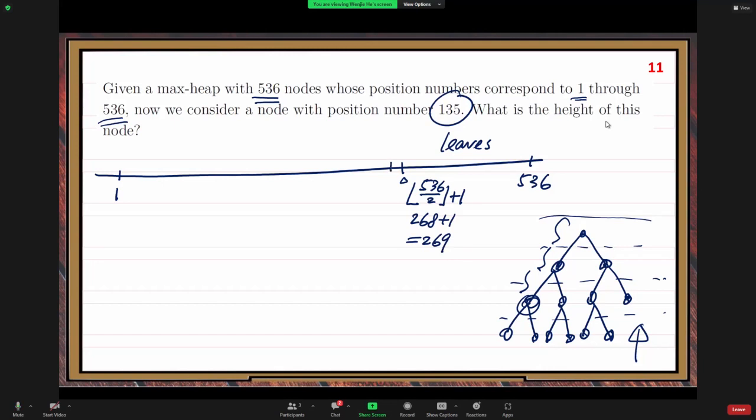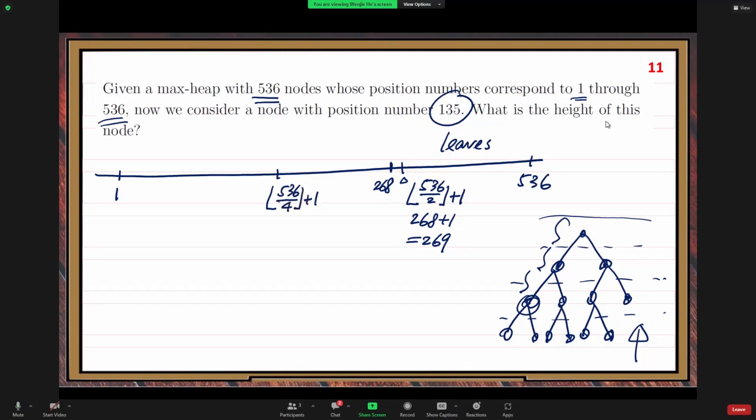Height 1. So this position is 268. Then that position is over 4 plus 1.